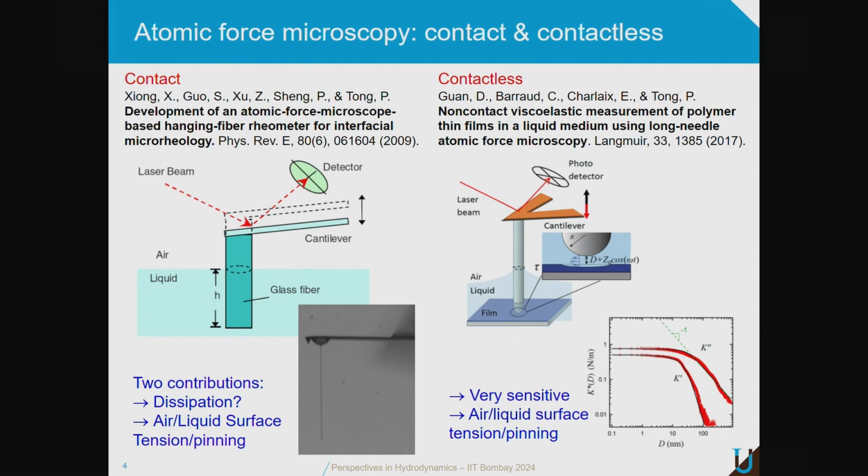You have a better situation which starts to be contactless in some way when you use two fluids. In this case, close to what you are trying to look at, it's completely contactless, but you still have this contact pinning of the needle here, but it's very sensitive nonetheless, in some situations.